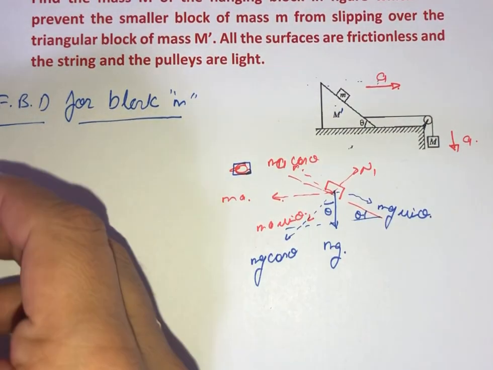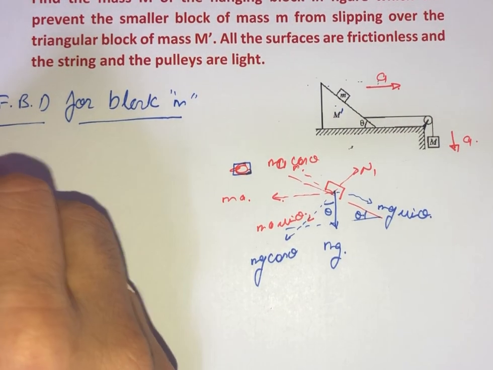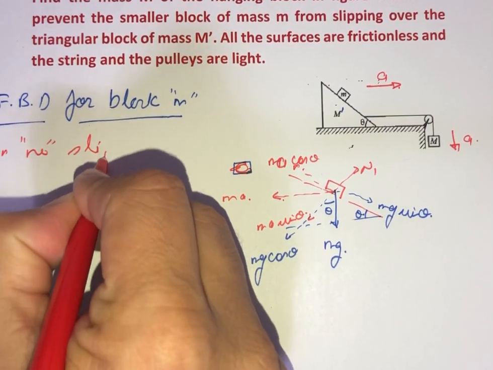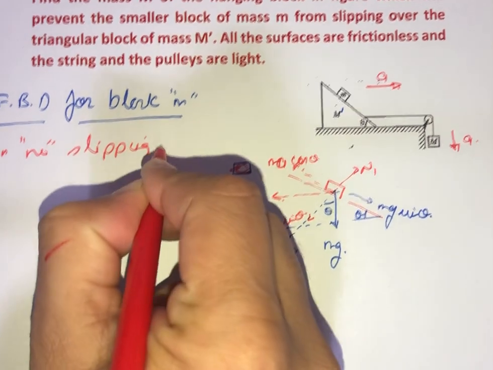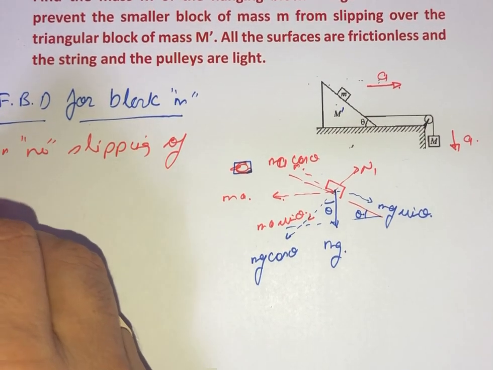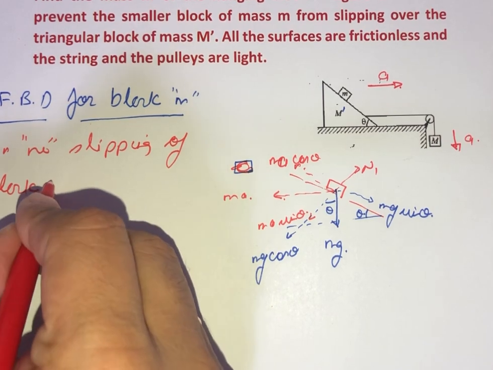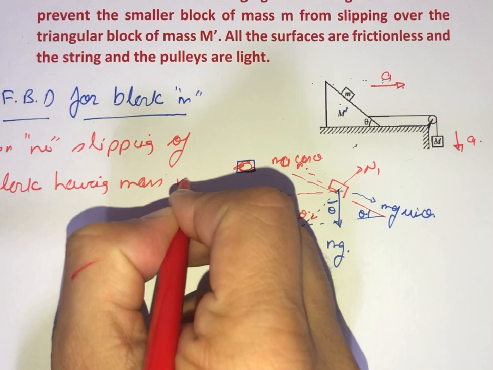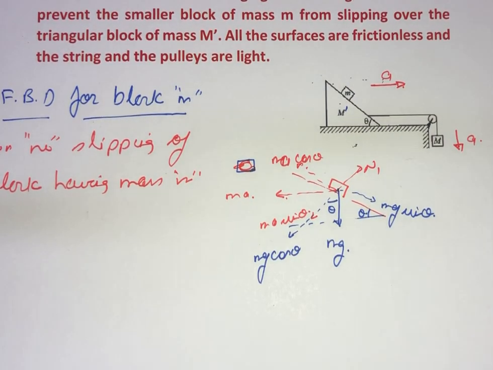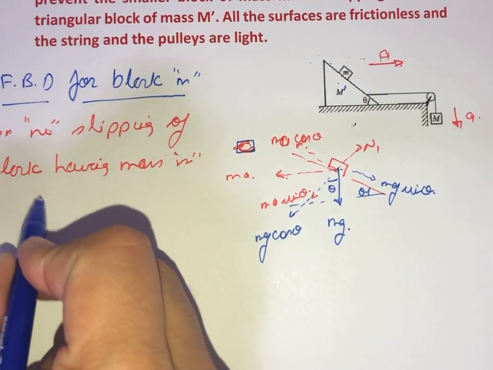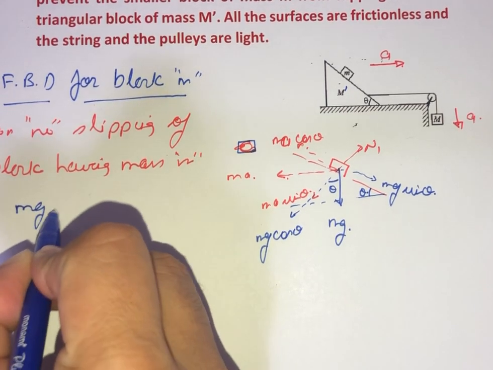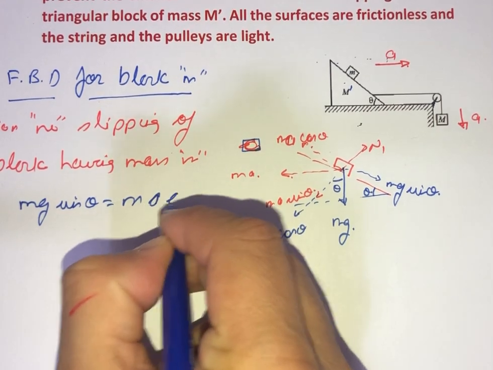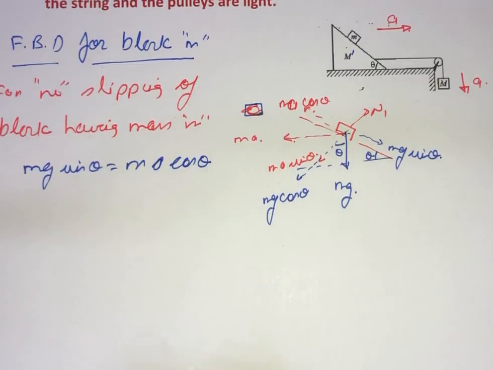So for no slipping of block having mass small m, this mg sin theta should be equal to ma cos theta.